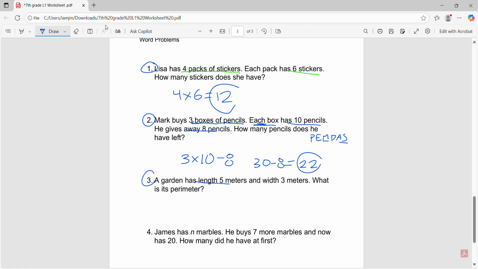A garden has a length of 5 meters. So let's draw a visual of a length of 5 meters and a width of 3 meters. What is its perimeter? So how should we solve this word problem?